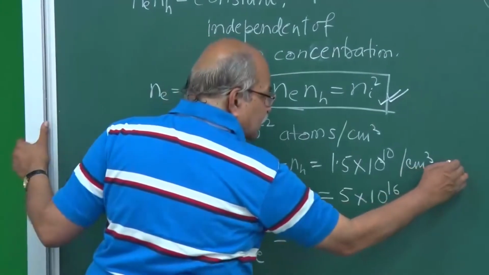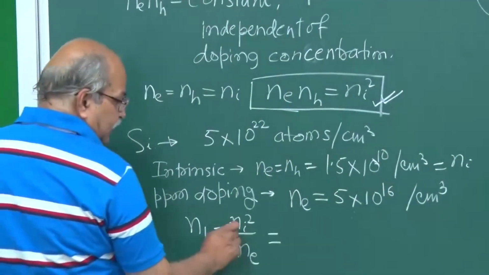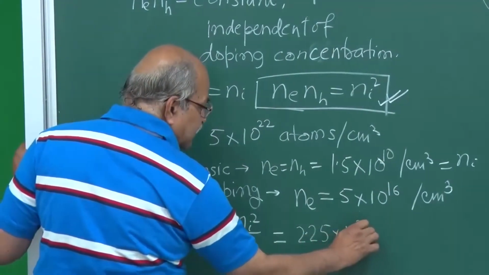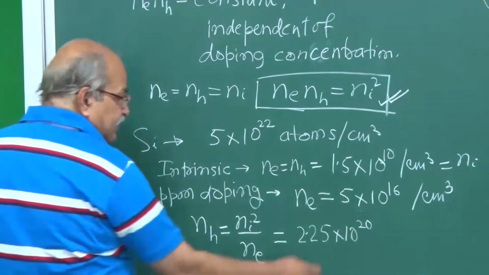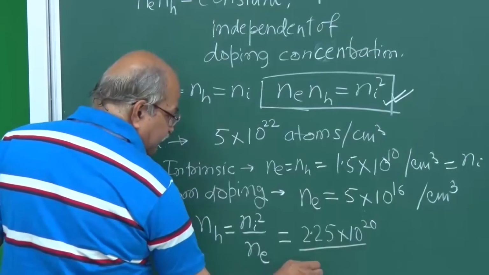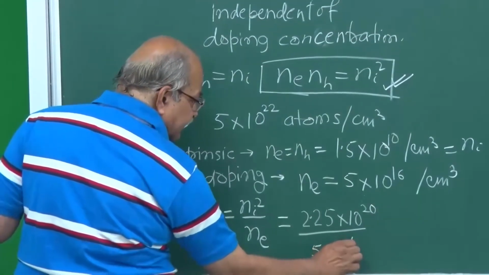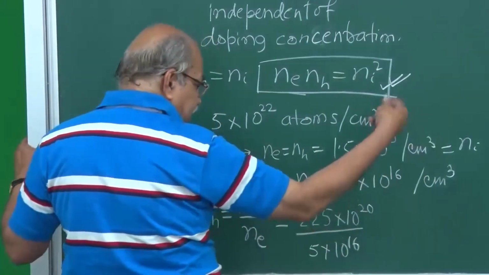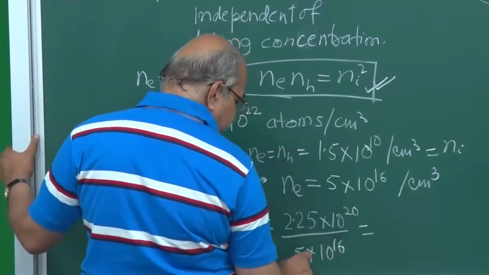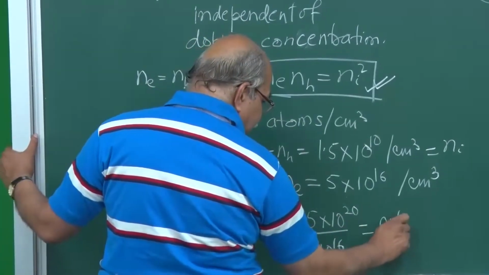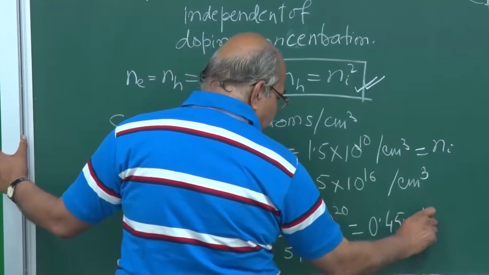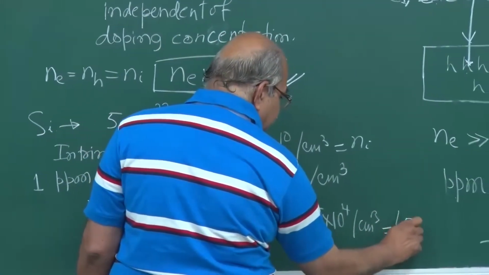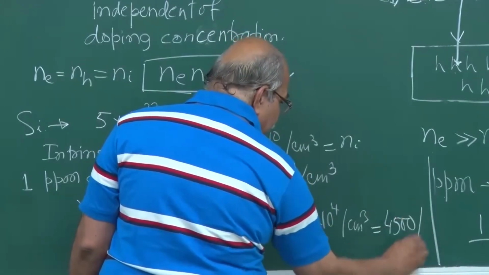This is Ni, so that is equal to Ni square, 2.25 into 10 to the power 20, divided by Ne, which is 5 into 10 to the power 16, and of course per centimeter cube, and this is now 0.45 into 10 to the power 4 per centimeter cube, which is just 4,500 per centimeter cube.